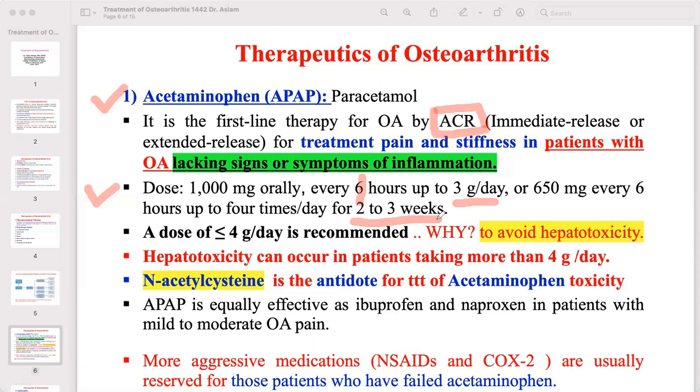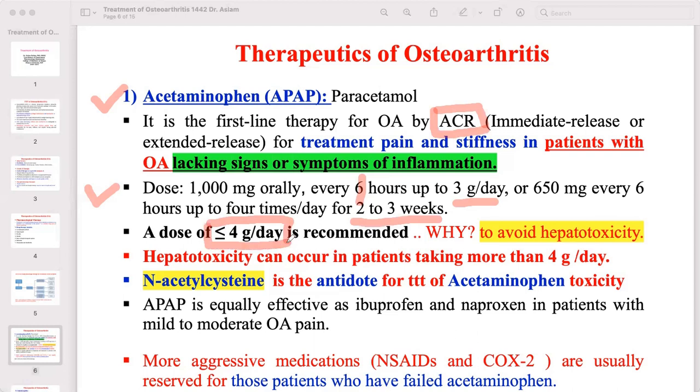A dose of more than 4 gram per day is avoided. So we can say a dose of up to 4 gram per day is recommended.